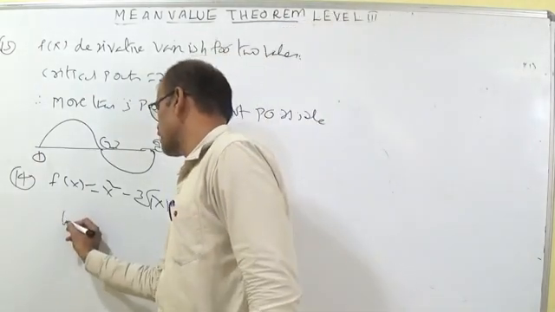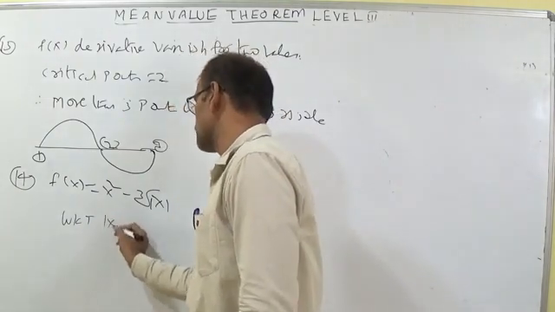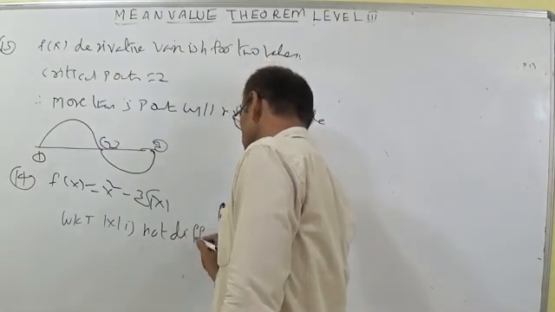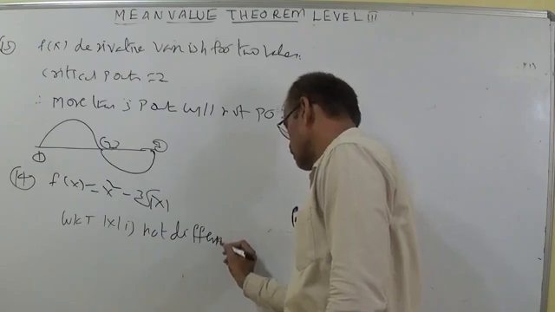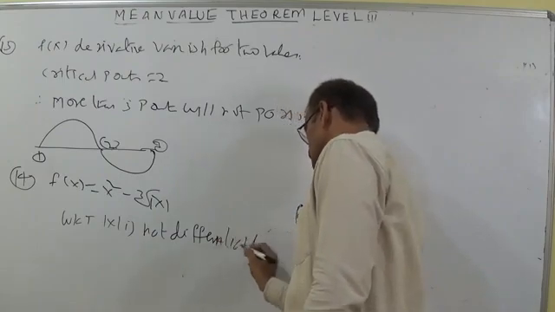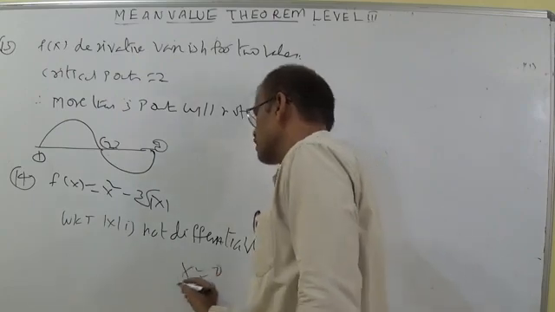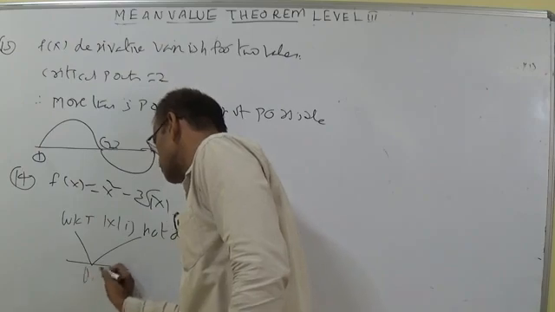We know, as we discussed many times, that mod x is not differentiable at x is equal to 0, because the mod x curve has a sharp corner at 0.